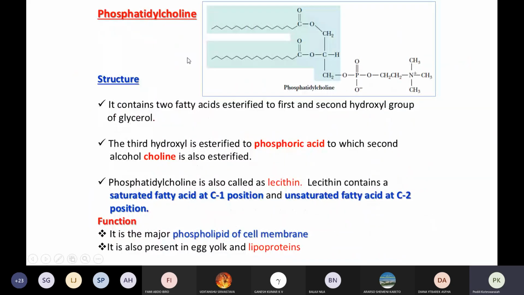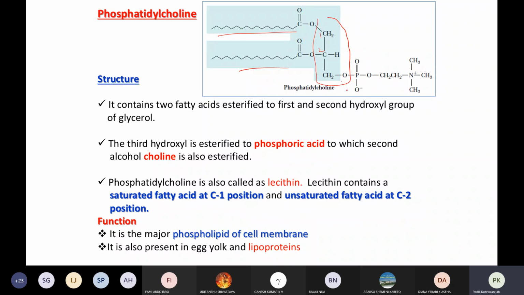So first one is the phosphatidylcholine, and here this is the glycerol, and the first and the second hydroxyl group of the glycerol is esterified with the two fatty acids, and the third hydroxyl group is esterified with the phosphatidic acid, which in turn is esterified with the choline molecule.